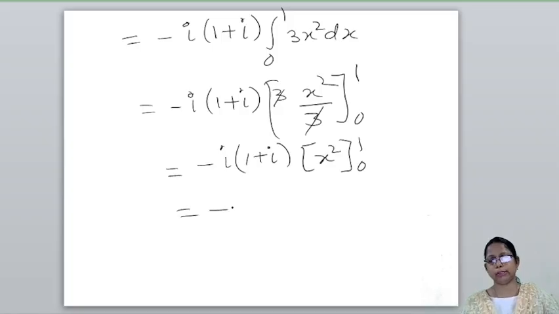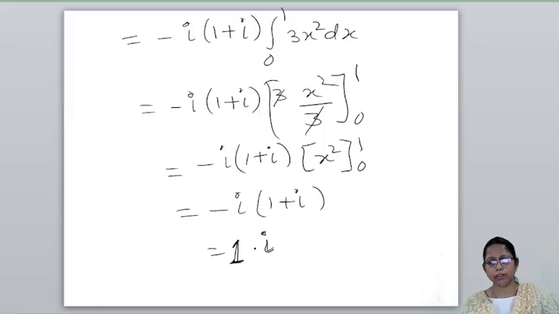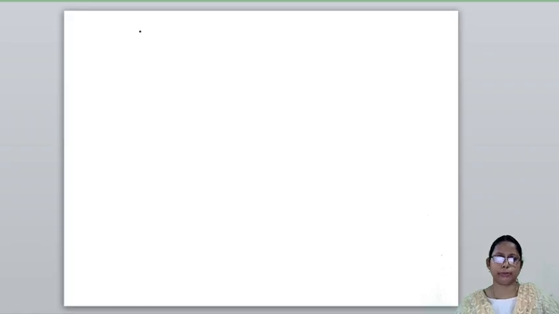So this is minus i minus i squared, which is equal to minus i plus 1. So this is 1 minus i.